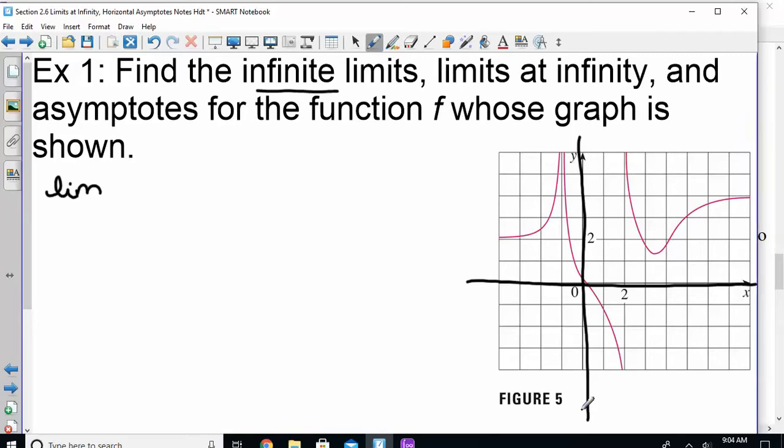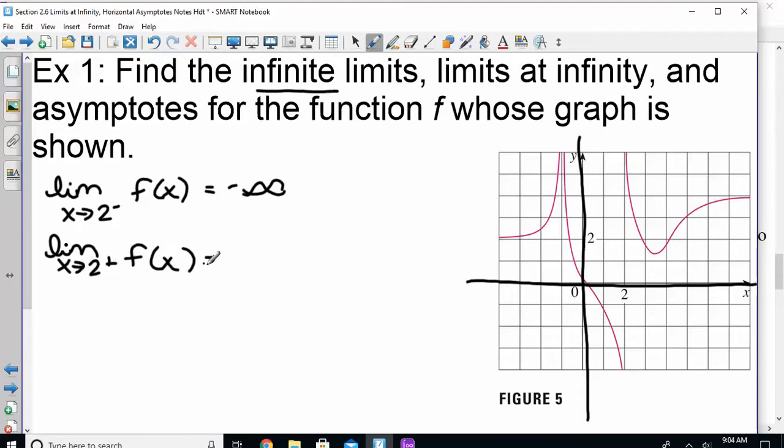Okay, when x approaches 2, from both sides, or would I have to do them separately? Separately. So we could do the limit as x approaches 2 from the left. If I'm coming into 2 from the left, where's my graph going? Negative infinity. As I approach 2 from the right, where's my graph going? Positive infinity.